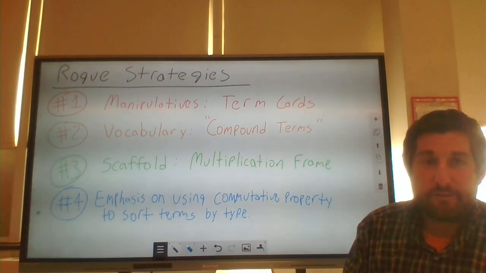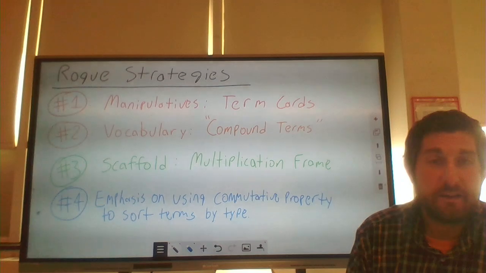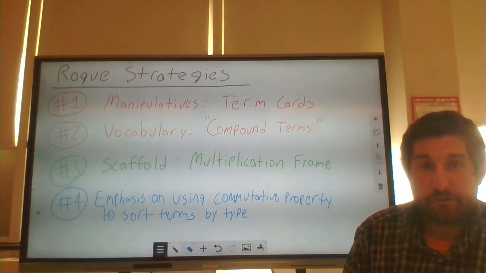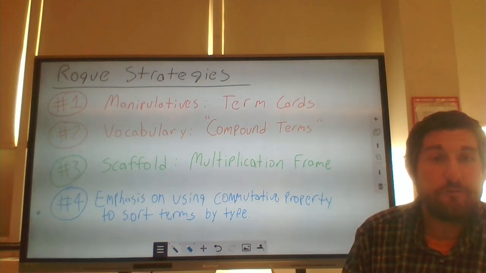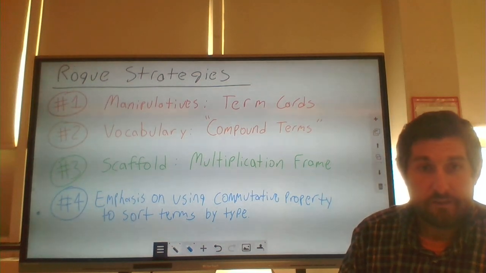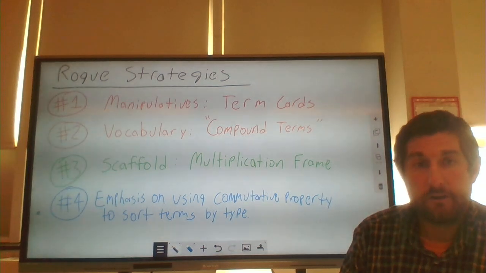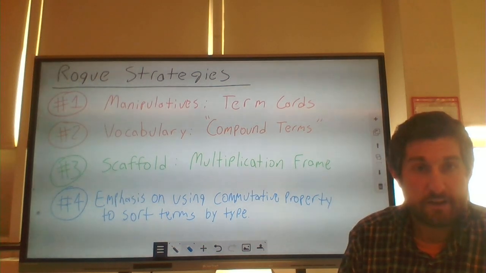Number 3, I have a small scaffold for distribution using a multiplication frame in order to reinforce the concept of distributing the coefficient to both or all of the terms that are inside the group.